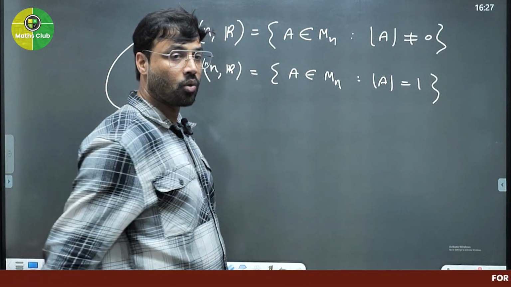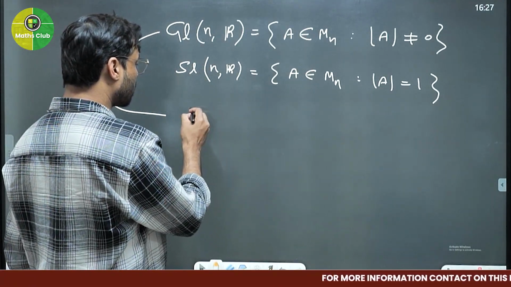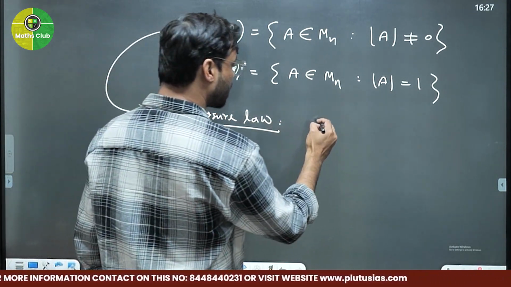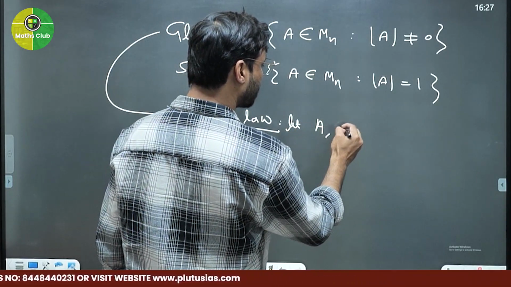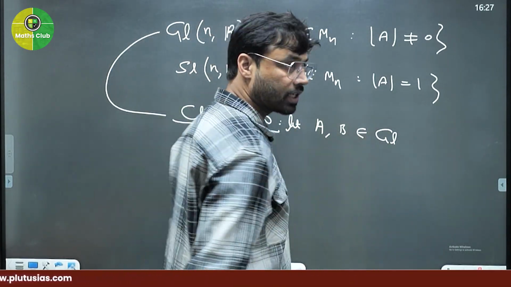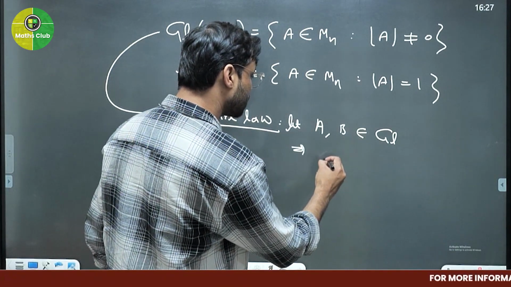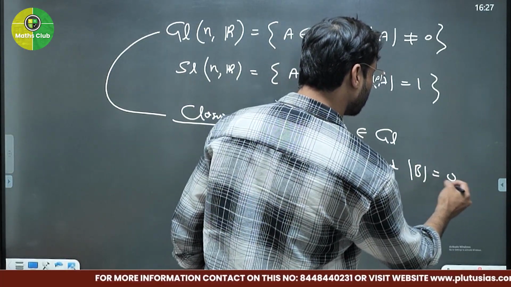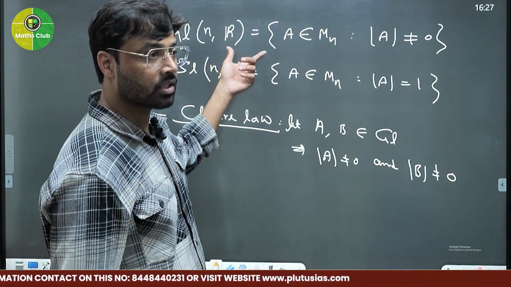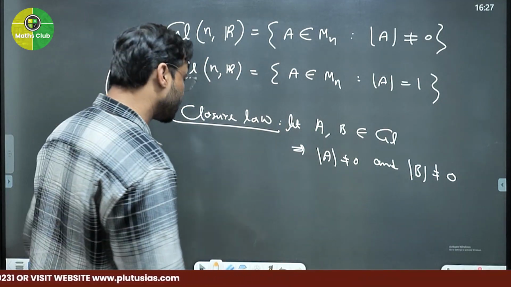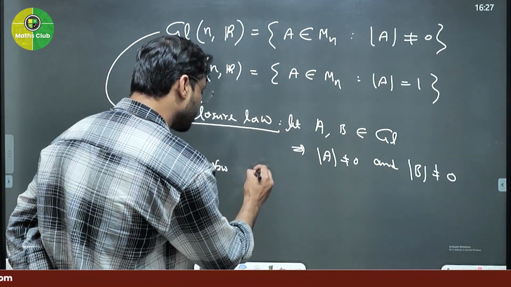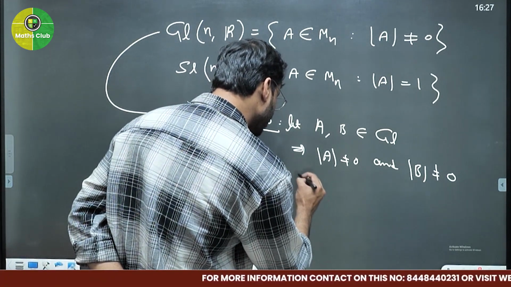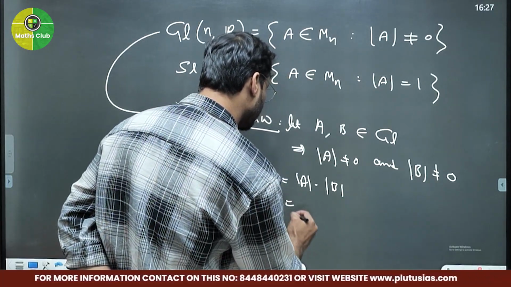So first we will see whether the closure law holds or not. For closure law, let A, B belong to GL. That implies that determinant A is not equal to 0 and determinant B is not equal to 0. If AB belongs to G, then closure law holds. So we shall find the determinant of A dot B, and we know that determinant of A dot B equals determinant of A times determinant of B, which is not equal to 0.